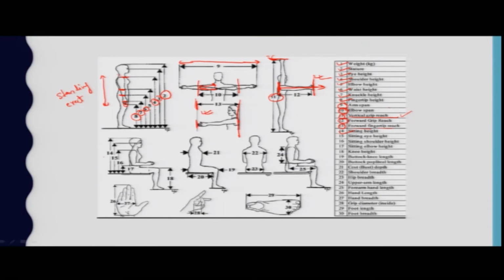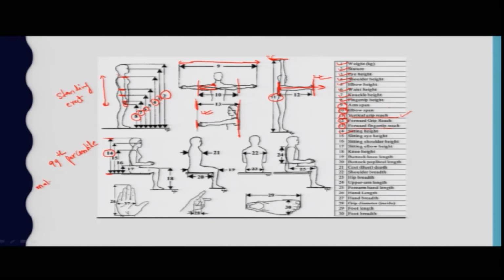About the sitting height, it is number 14, and it is defined as the vertical distance from the seat to the top of the head. Normally we use the 99th percentile of the male. I will describe how we will find out this percentile, just for the sake of your knowledge.